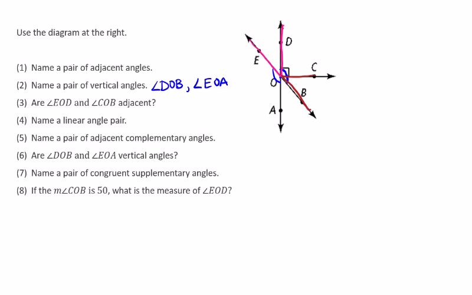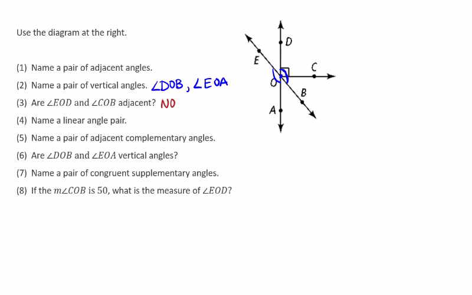They share a vertex, but they don't share a side, so they're not adjacent. And what about, would they be a vertical pair? They do share a vertex, but you're right, their sides aren't opposite rays, right? One set of sides was, but the other one isn't, so that doesn't work.